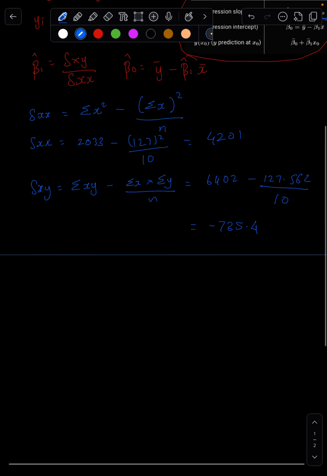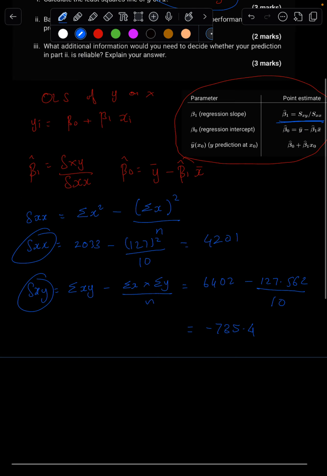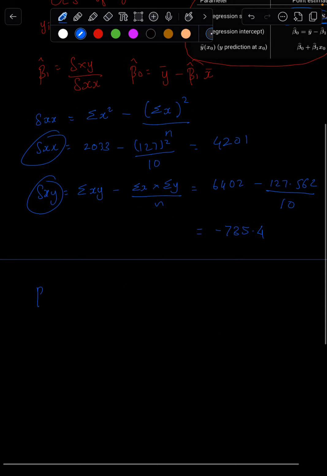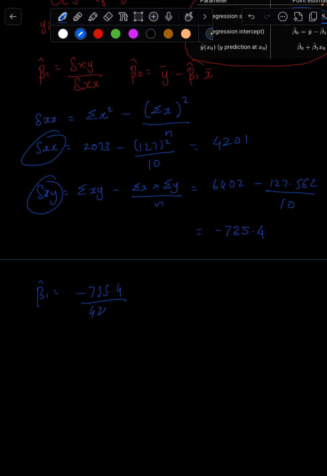Okay, so we've got sxy and sxx. We can use our beta 1 hat formula to now calculate beta 1 hat. So it's just minus 735.4 divided by 420.1, and we get minus 1.751.